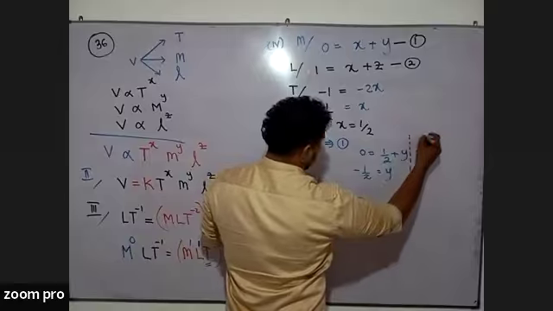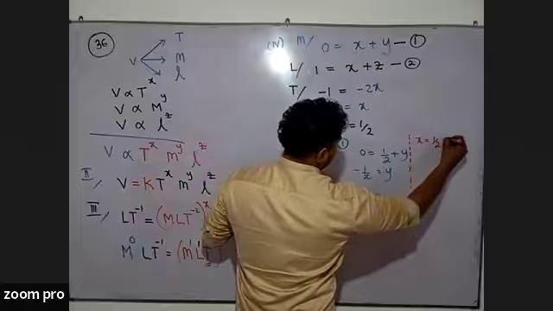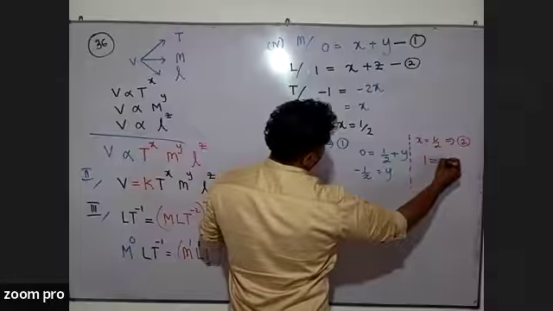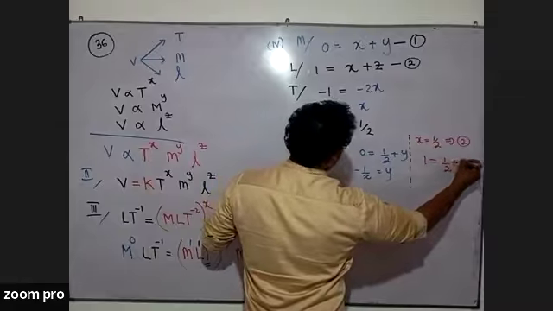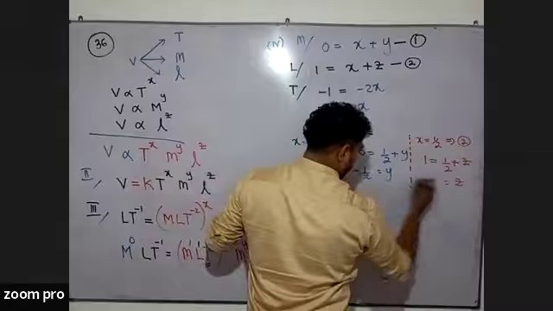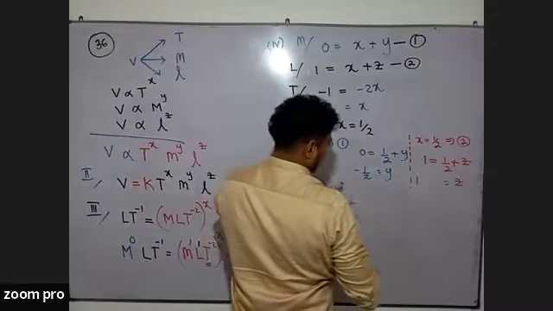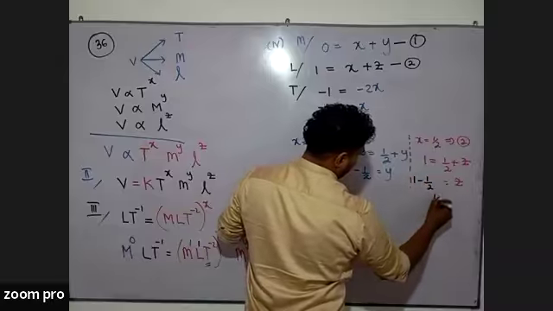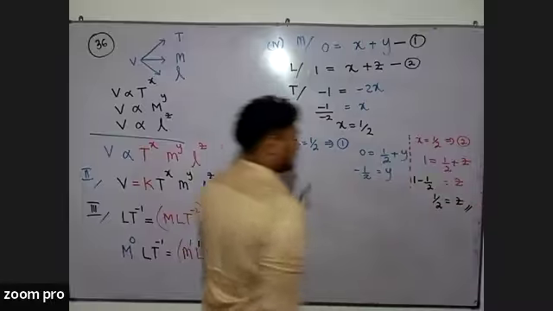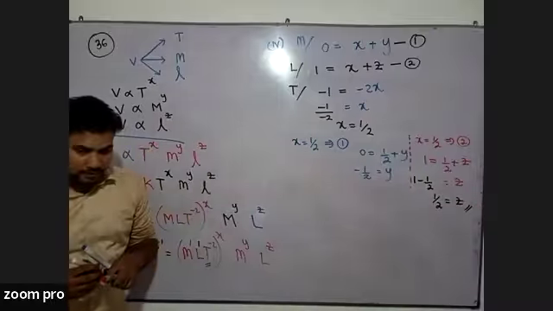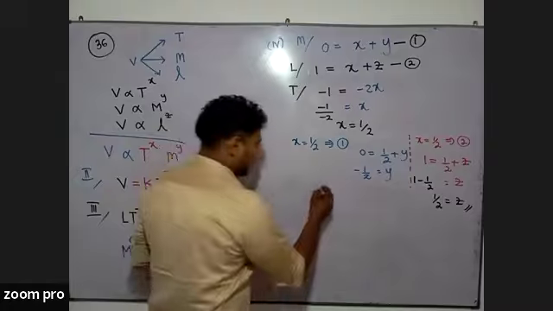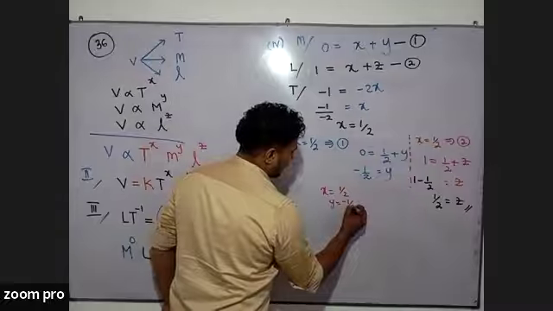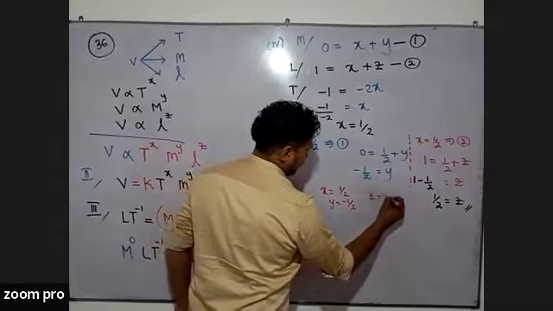If I substitute the value of x into the second equation, 1 equals half plus z, then z should be 1 minus half, that is equal to half. Right. So now we have the value of each unknown term: x equals half, y equals minus half, and z equals half.